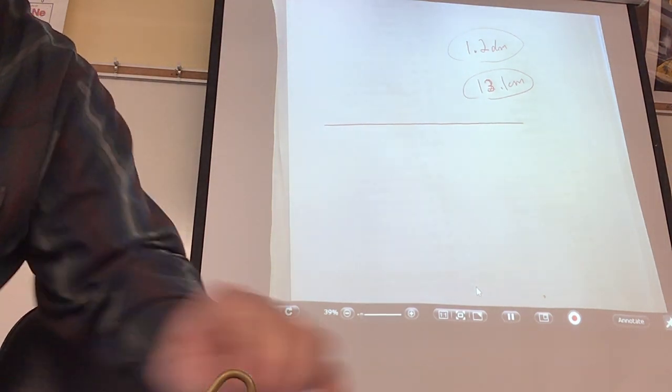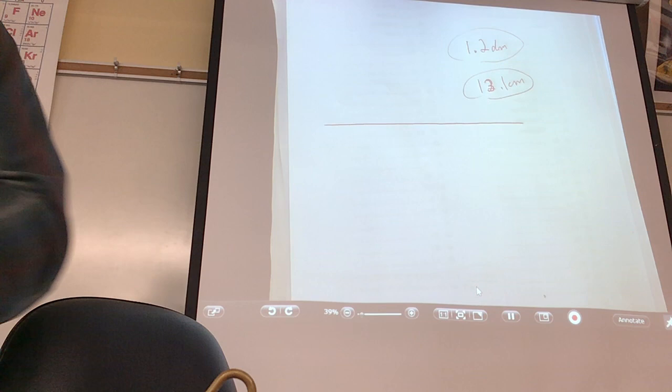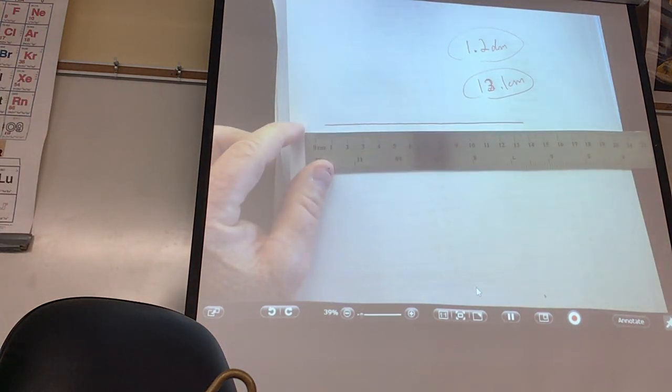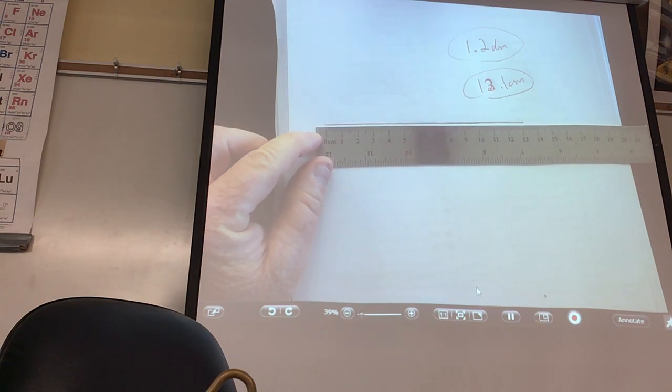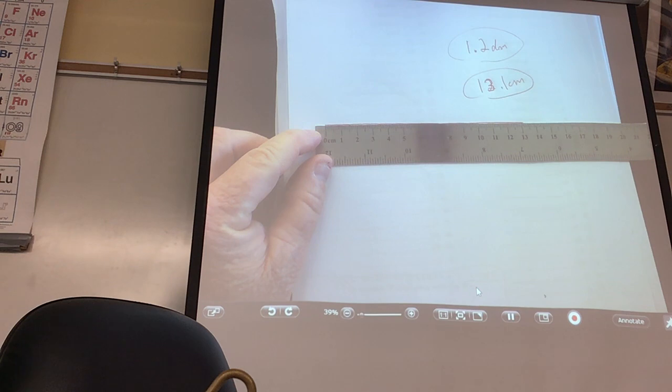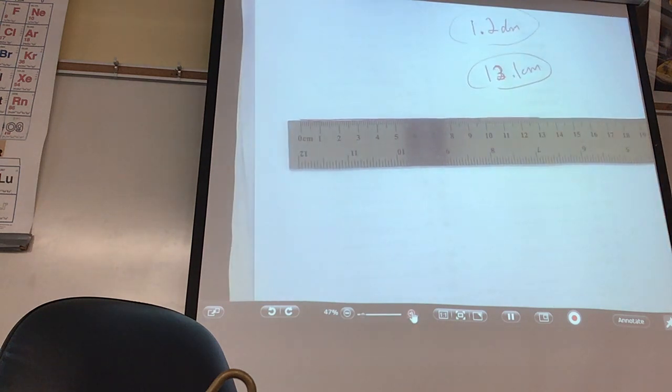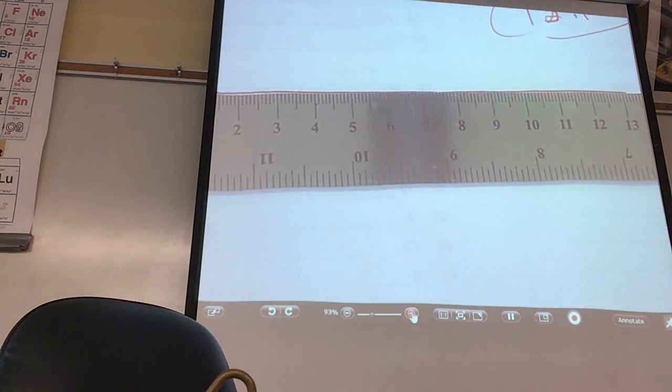Now, I'm going to do it one more time, and I'm going to do this as well as I can. I'll magnify the thing. Are you ready? Here we go. Watch what happens here. Can you see that? What do you think? Aiden, give me a hit on this. Are you certain that it's 13?